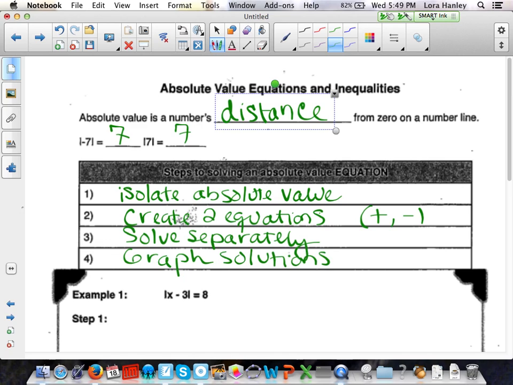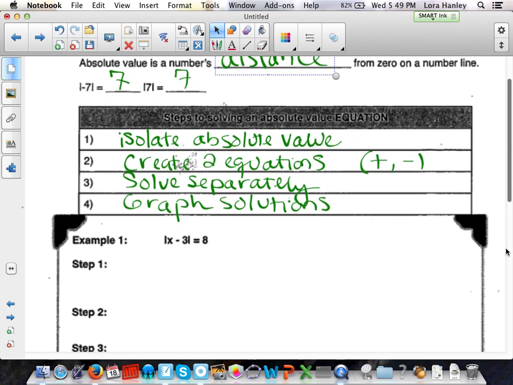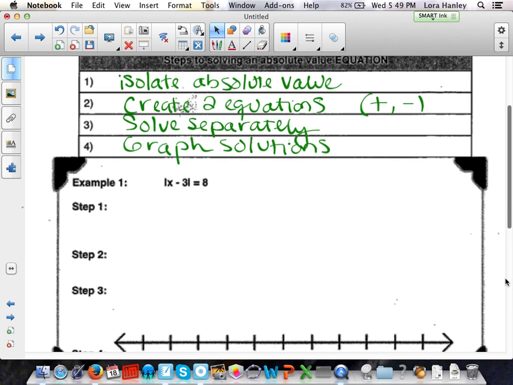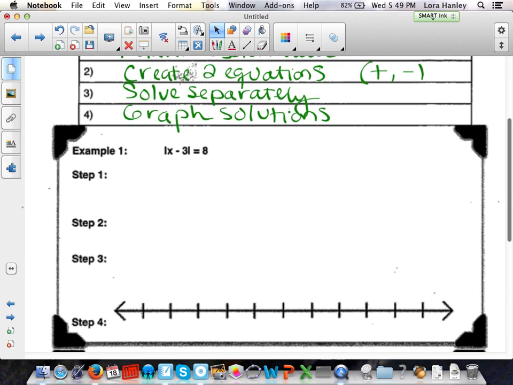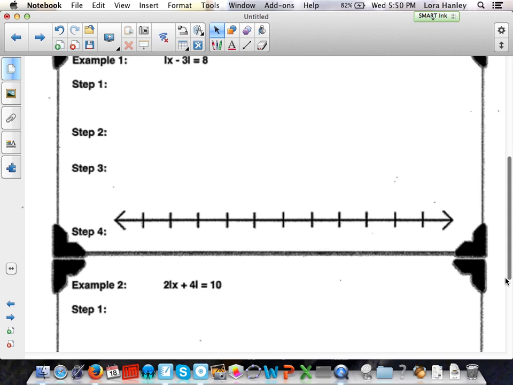Okay, so let's go down and see if we can solve a couple of these examples. For example 1, we have the absolute value of x minus 3 is equal to 8.